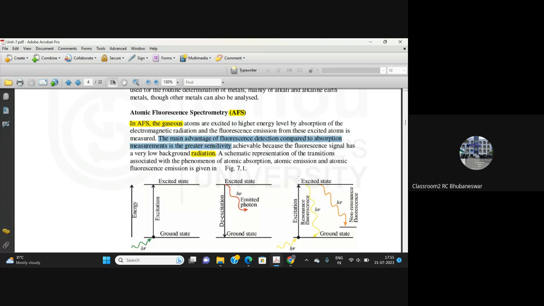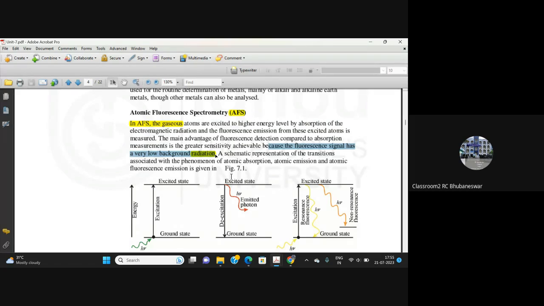That is what I was telling you in the last class. As compared to absorption, fluorescence is very, very sensitive because this fluorescence signal has a very low background radiation. Background radiation means you can say background noise. In terms of radiation, you are calling it low background radiation.